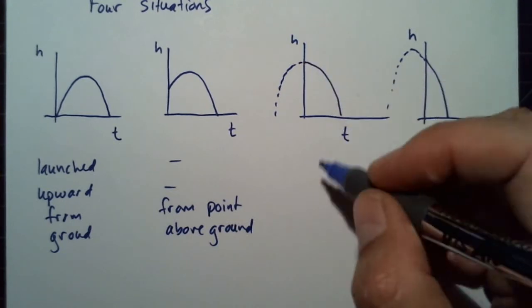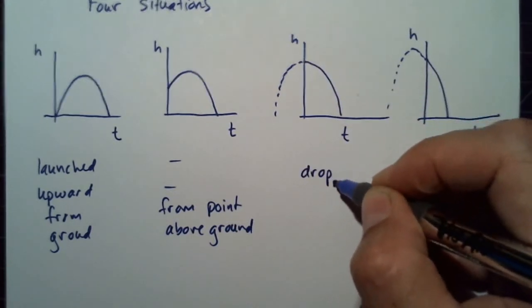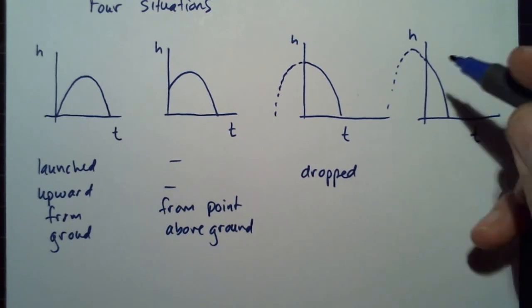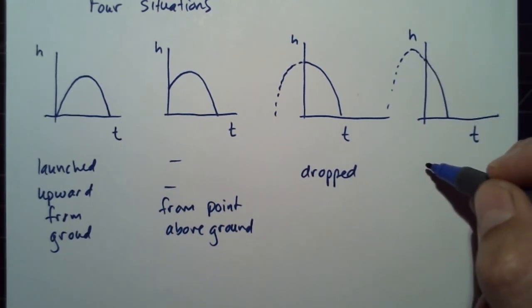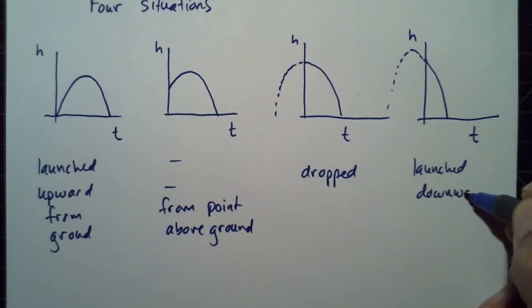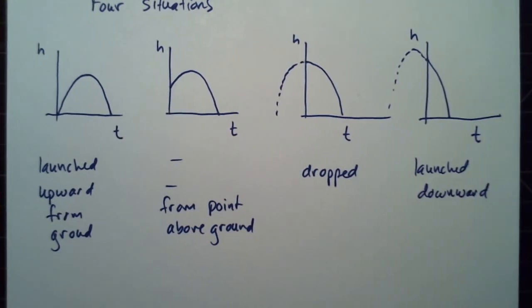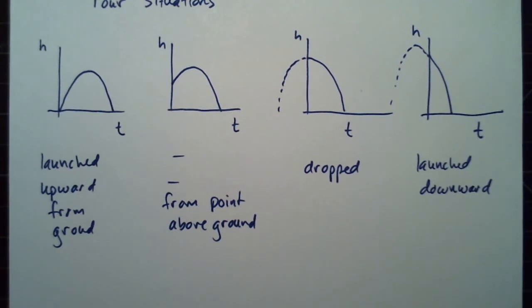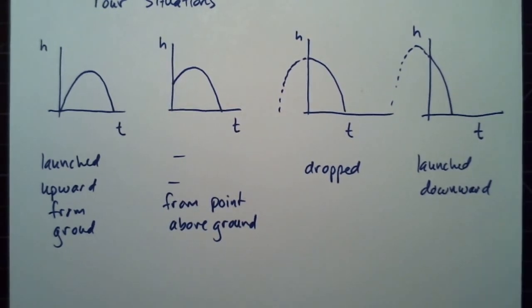This object, usually they would say it's dropped because it's not thrown up or down, and then this object could be launched downward or thrown downward. So these three are the most common types of questions. And all of these situations could have horizontal velocity or not. It doesn't matter if they're moving horizontally.